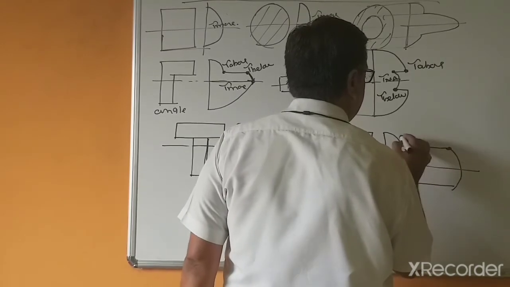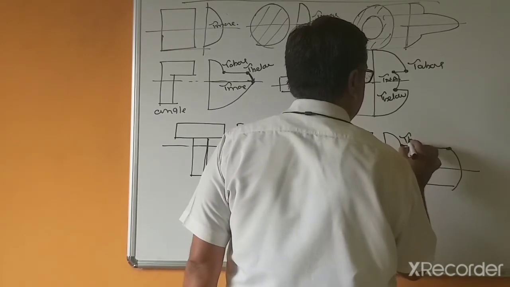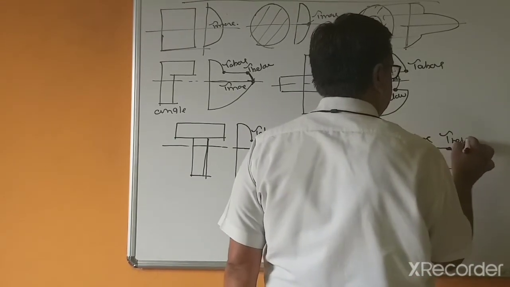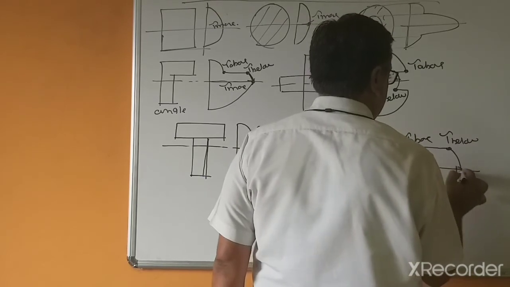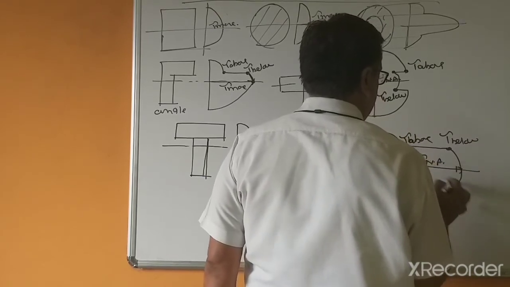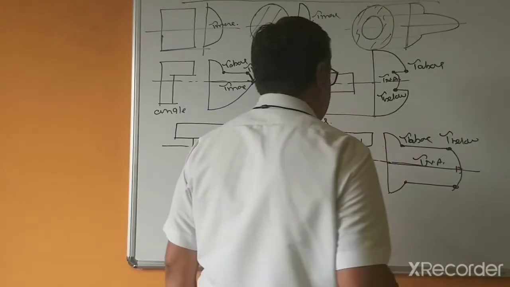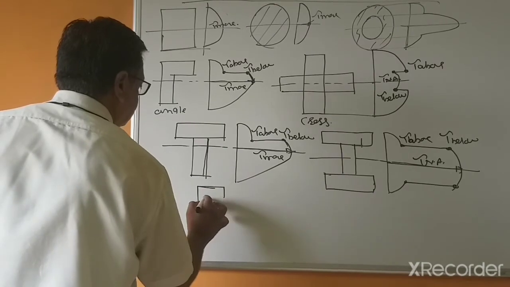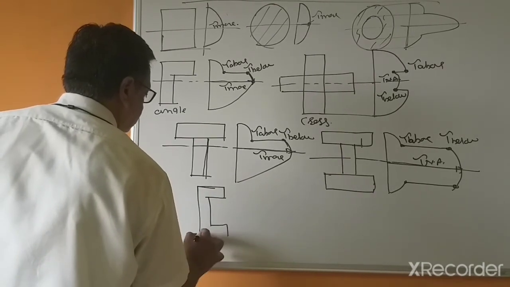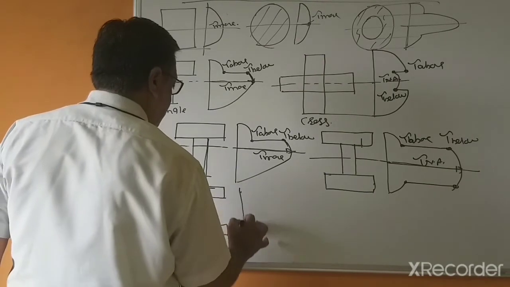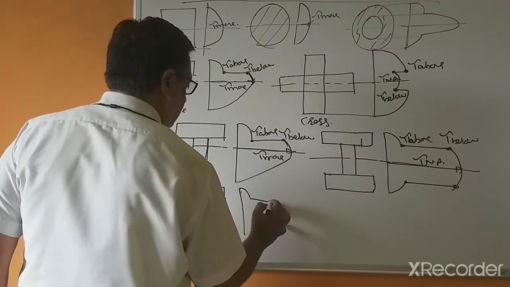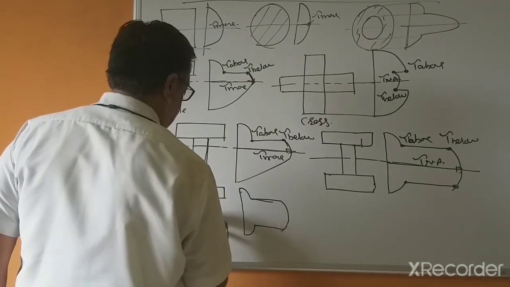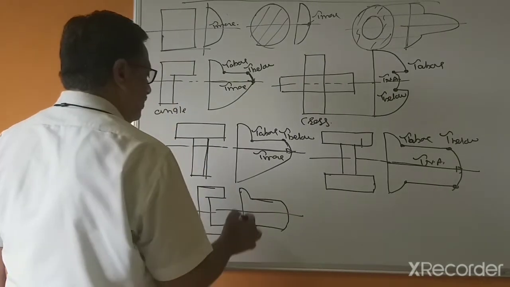Above, below, this is below, about neutral axis. For C section, again similar type. C section.